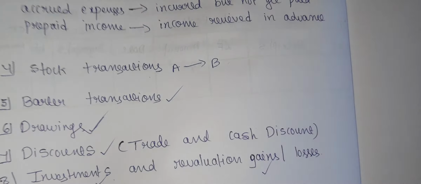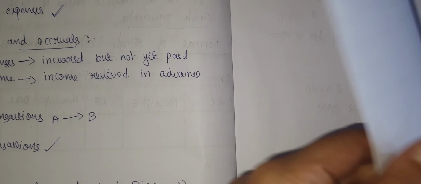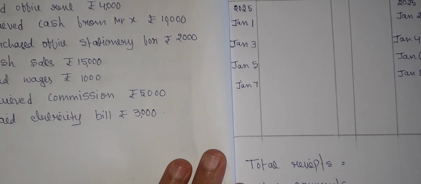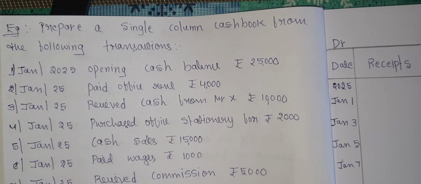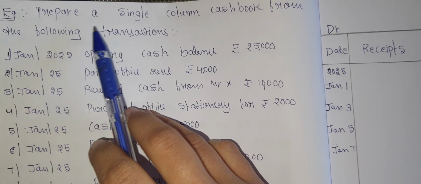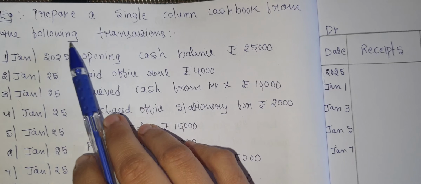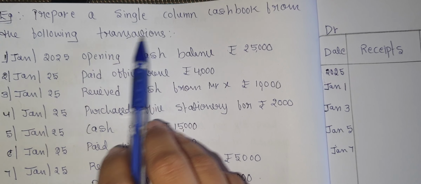Now, I will explain this single column cash book through one example. See here. Prepare a single column cash book from the following transactions.